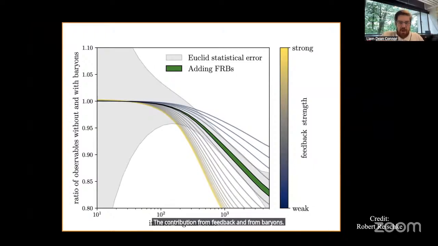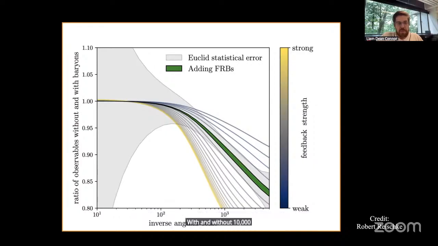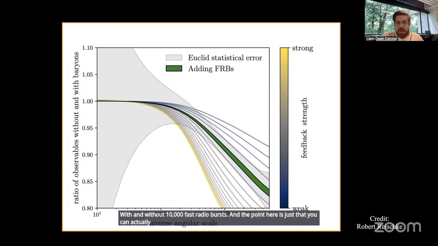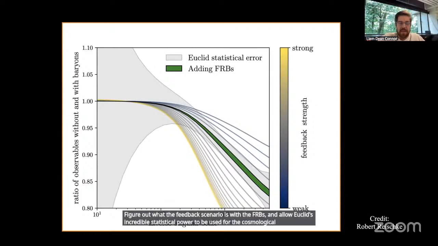Here's a nice cartoon example from Robert, where he just shows what you get from Euclid in constraining the matter power spectrum with and without 10,000 fast radio bursts. And the point here is just that you can actually figure out what the feedback scenario is with the FRBs and allow Euclid's incredible statistical power to be used for the cosmological parameters that it actually cares about rather than just constraining feedback.